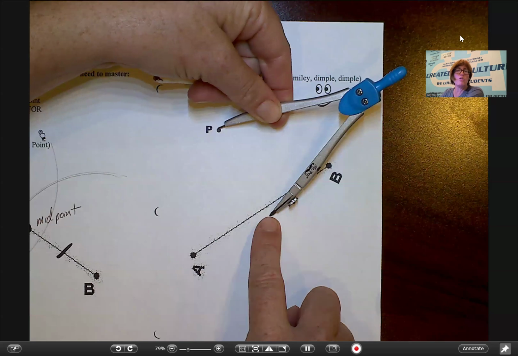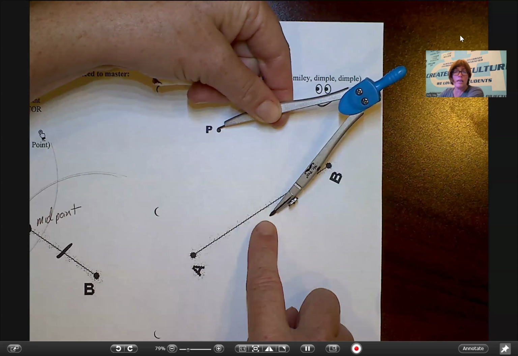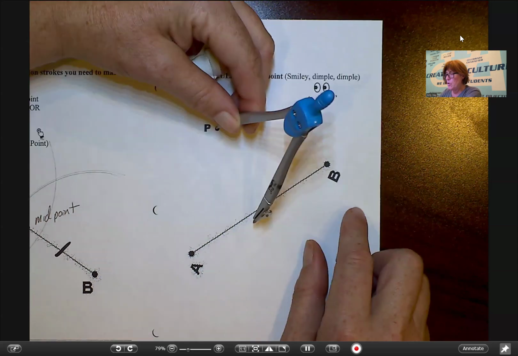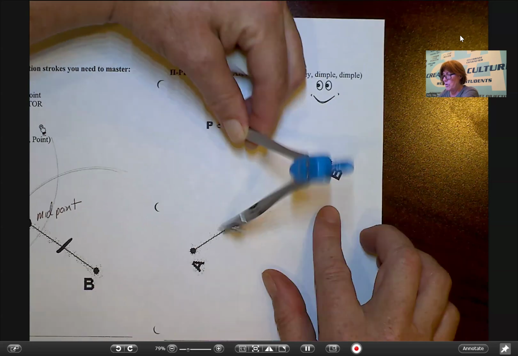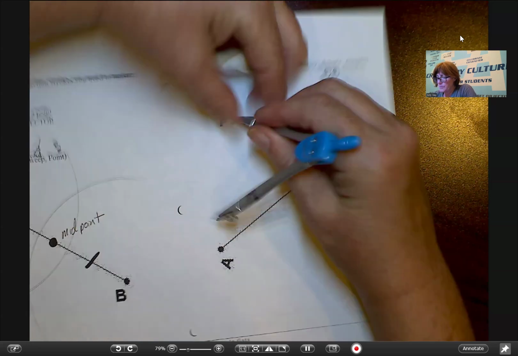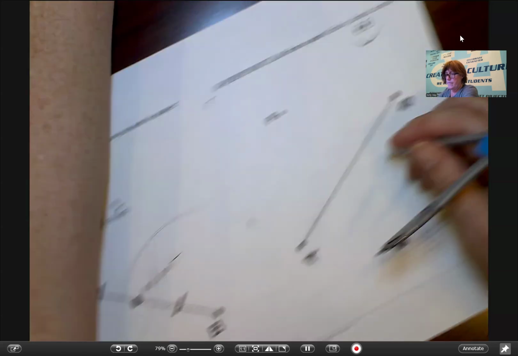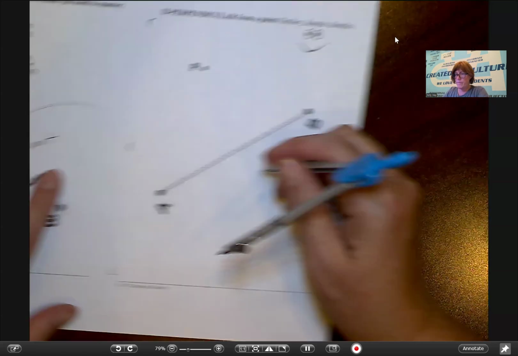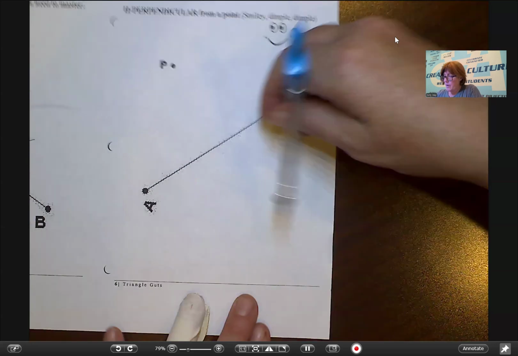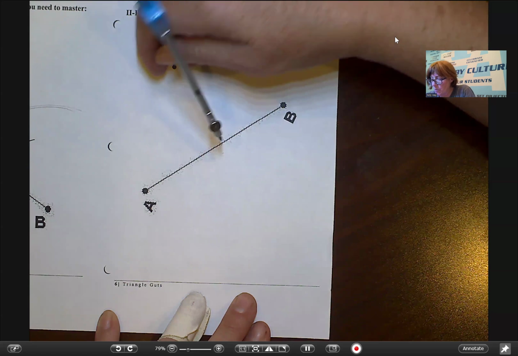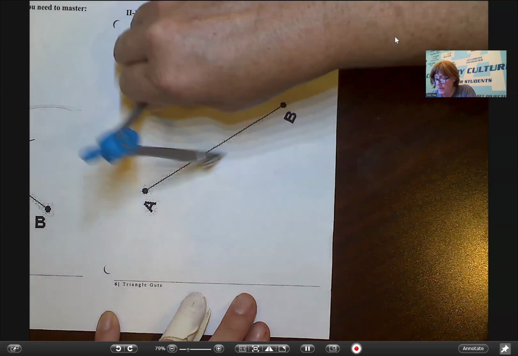Open up the compass just past the line, straight across. Then tilt from this pivot, and you're going to sweep a smiley.